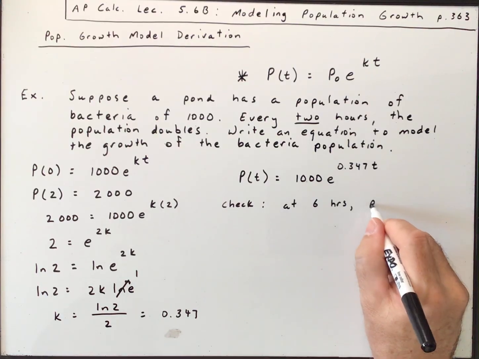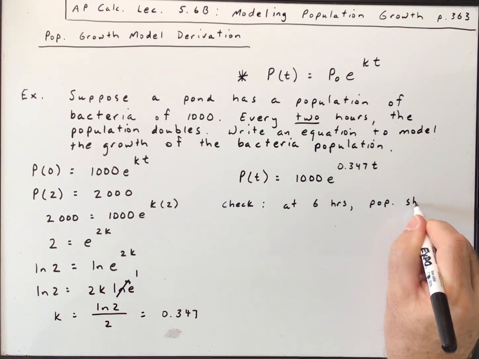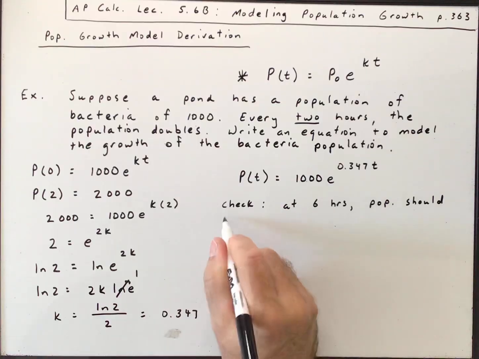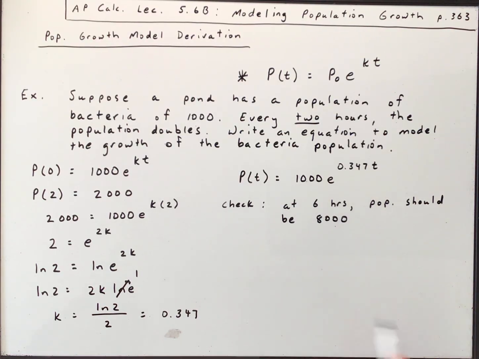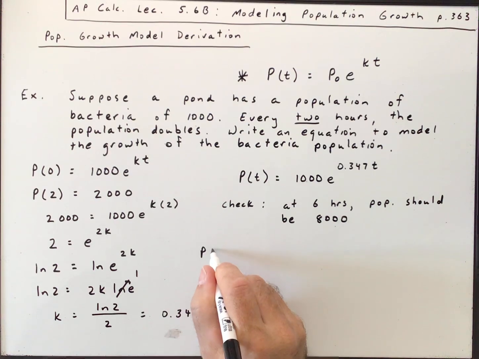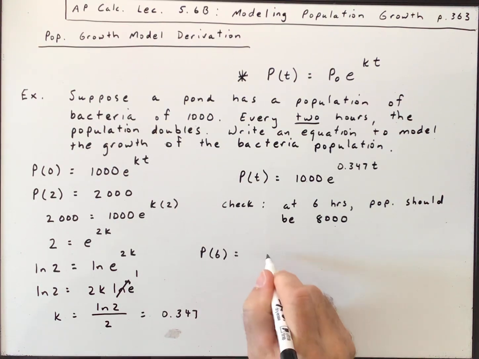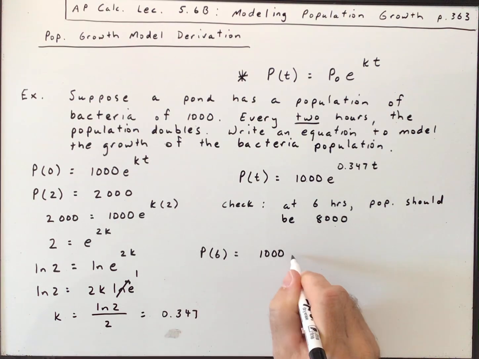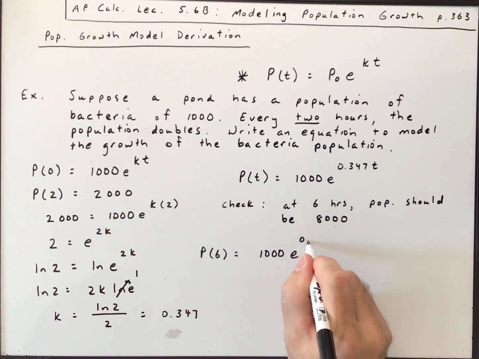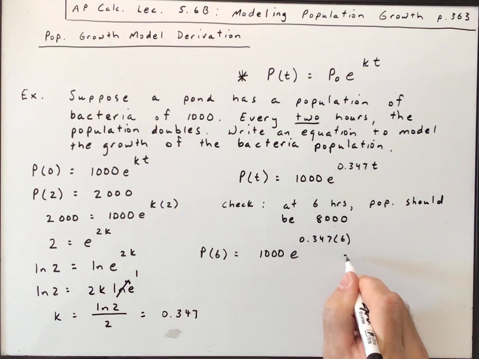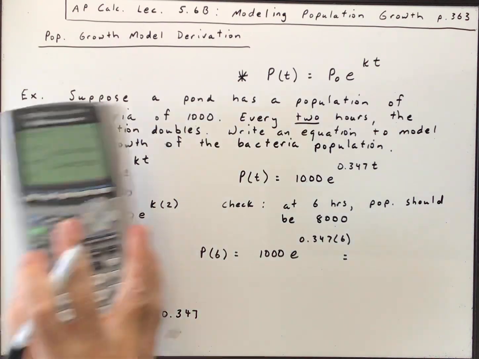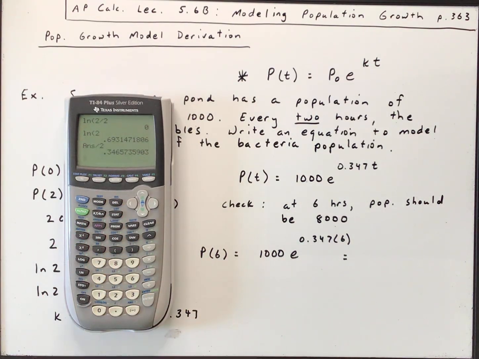So the population should be 8,000. So let's check that out and see what P of 6 is. It's going to be 1,000 times E to the 0.347 times 6, and it should be 8,000, or really close because we did do a little bit of rounding here.